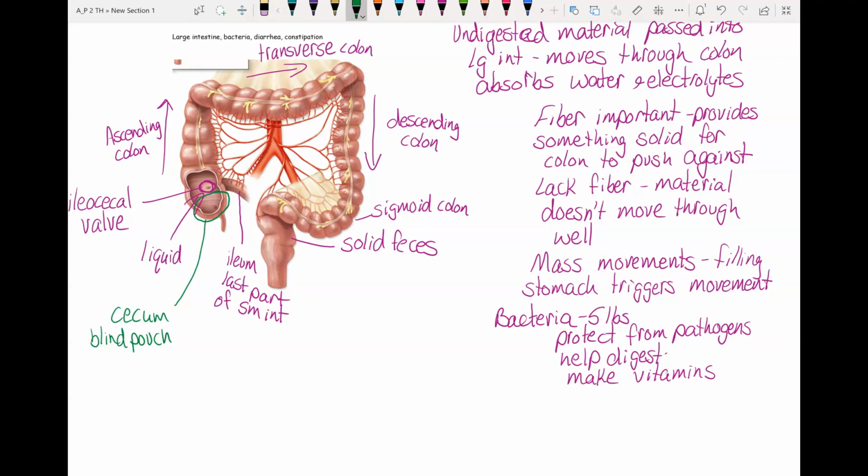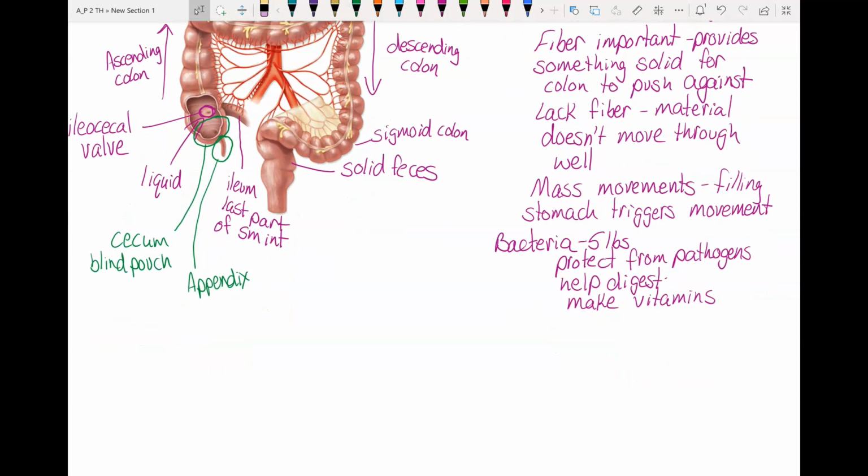This is just a little dead end hanging out down below there. And then this little thing hanging off of the cecum is the appendix. And it looks kind of like a worm, so it is also called the vermiform organ, because vermi means worm.